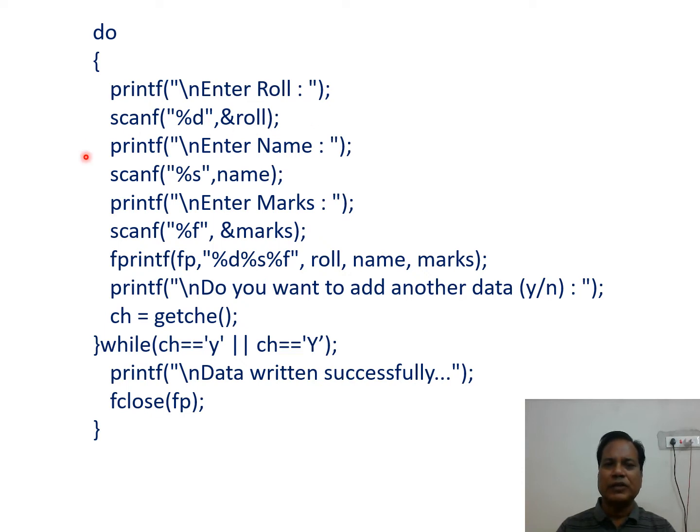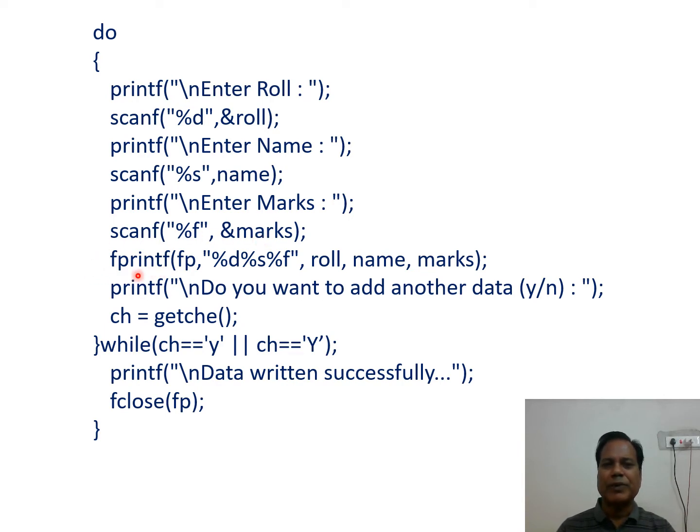Then the next printf statement prints "Enter name:" on the output screen, and when the user enters the name, it is taken in and stored in the array name. Again a printf statement prints "Enter marks:" and the scanf function takes the marks and stores them in the float variable marks.